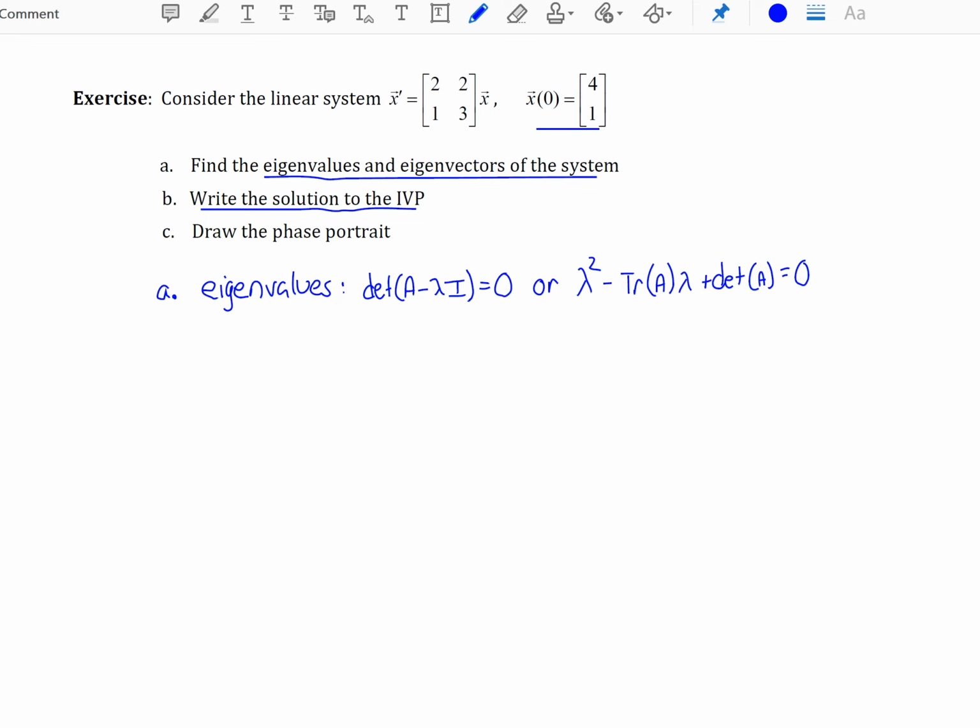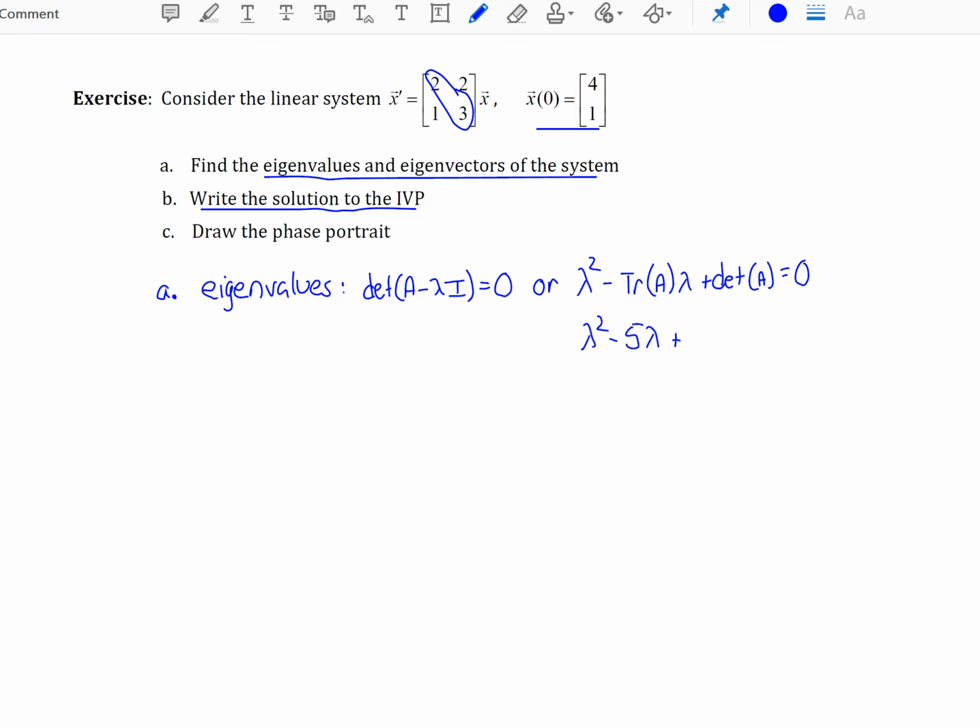So here we're going to have lambda squared minus the trace of A. Now recall the trace of A is the sum of your main diagonal. So here the trace is going to be 5. So minus 5 lambda plus your determinant. And remember, the determinant is the product of your main diagonal minus the product of your off diagonal.